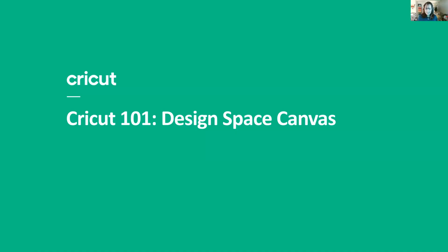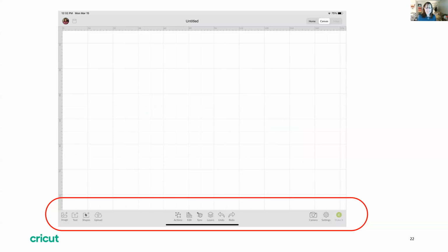So let's go in and create a new project using the Design Space canvas. If you're on an iPad, this is what your canvas will look like. Everything I talk about is along the bottom, and I'll try and point it out for you as I go. If I forget, just pop in chat, where do I find the edit button? And we can help point that out to you.